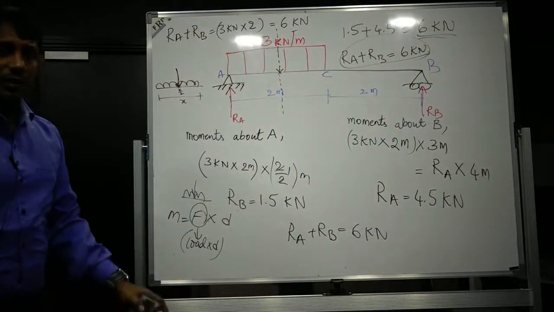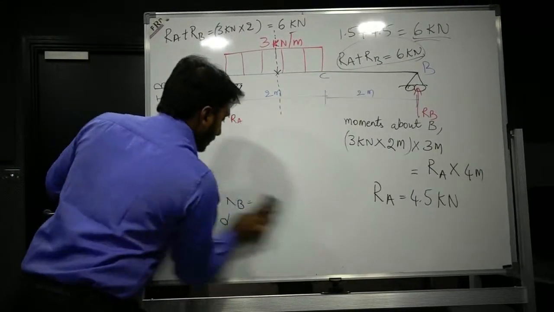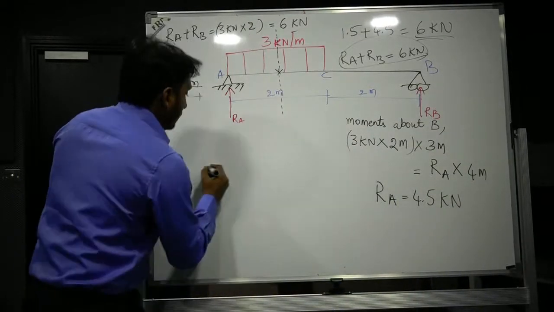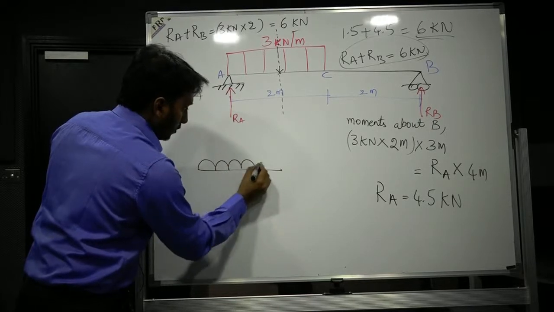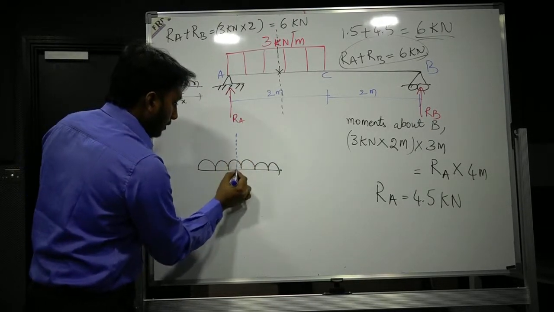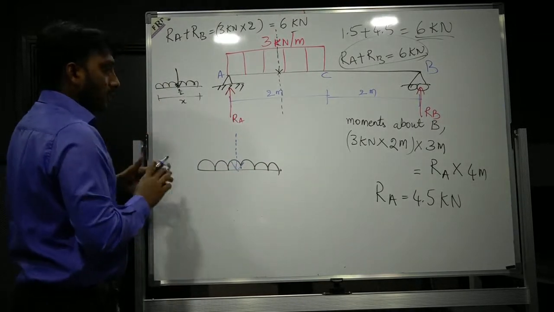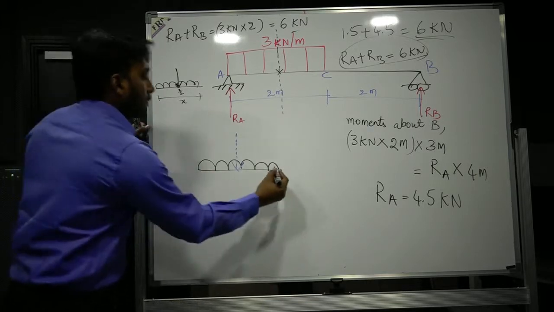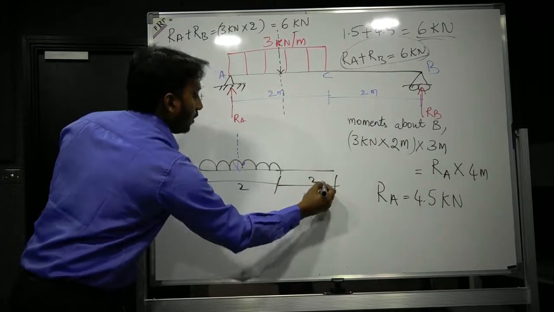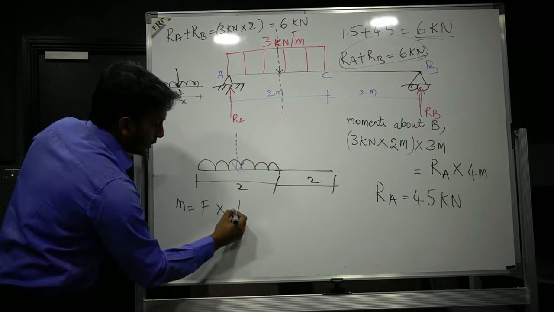This is a very easy one. The only thing you have to understand is that when you are considering a uniform force, imagine that the total load is acting at its center. Moment is equal to force into distance.